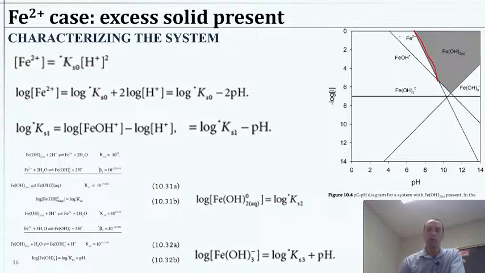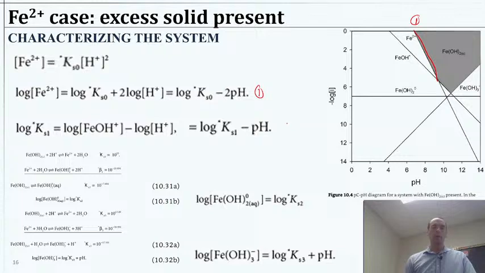I'll give this a little 1. And of course, we could draw that line further, but after some point something else is going to become more important in terms of the solubility. So the next species is FeOH plus.